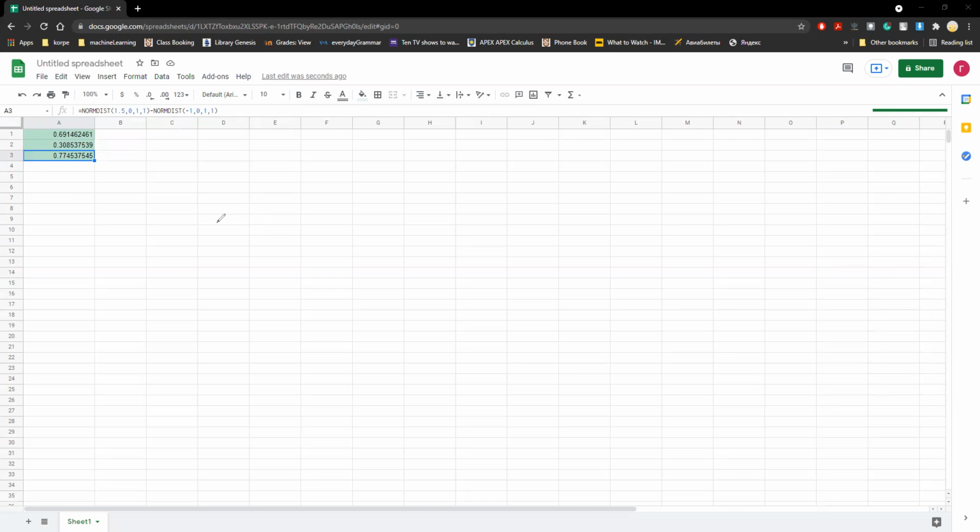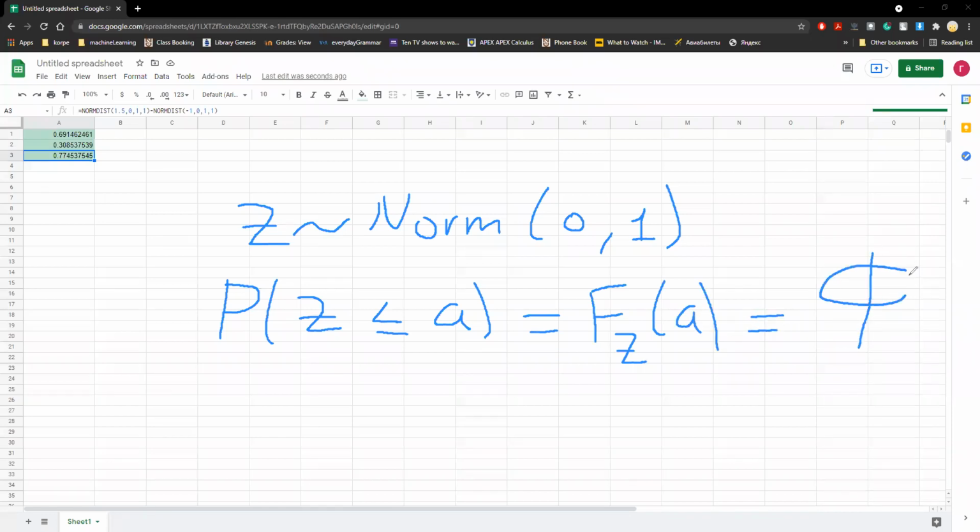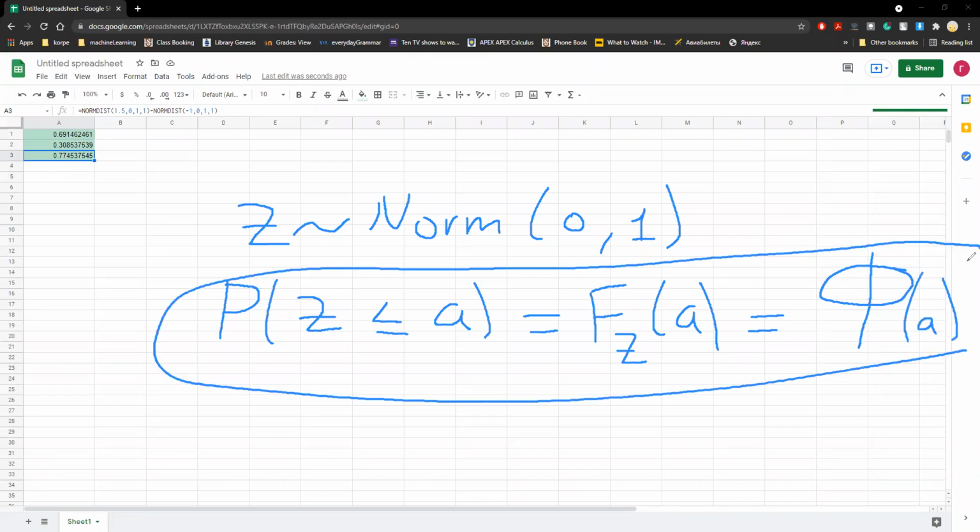If Z is standard normal, with mean 0 and variance of 1, then the probability that Z is less than or equal to some value, let's say a, is given as the CDF of our random variable Z, and it has the special notation big phi. So the CDF of the standard normal is given as big phi.